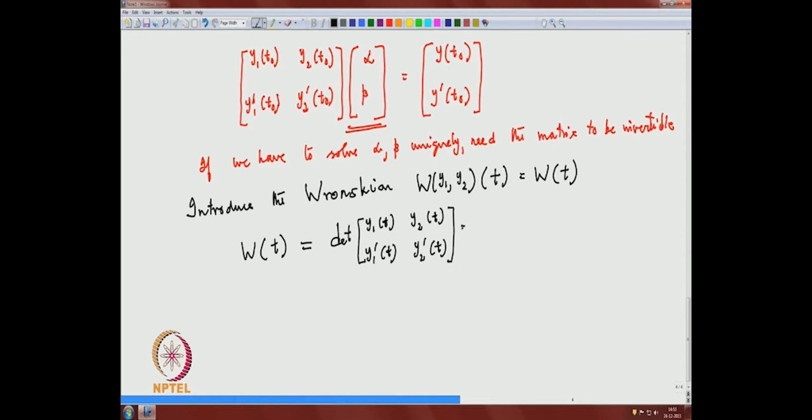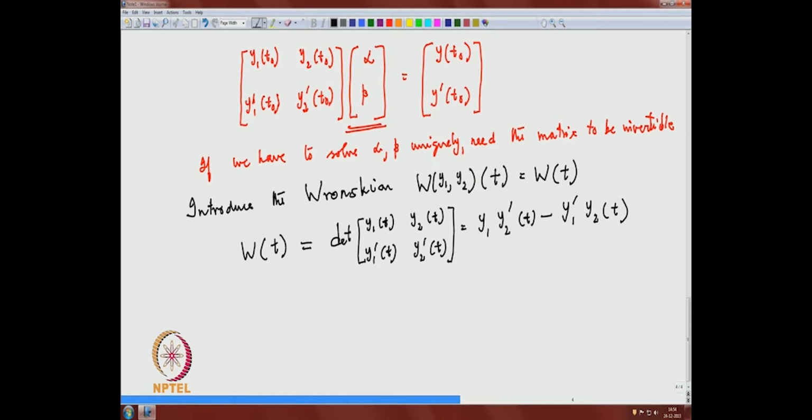That is nothing but y1 y2 prime at t, everything at t, minus y1 prime y2 at t. This is the Wronskian determinant of that matrix.